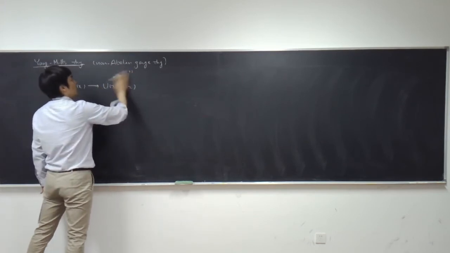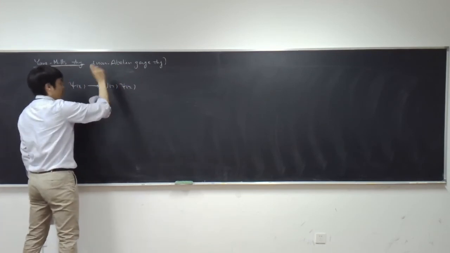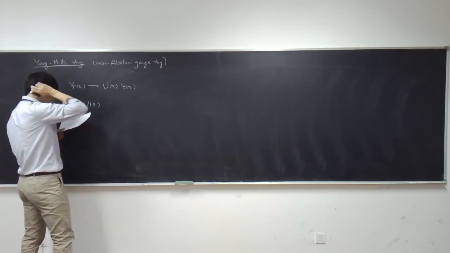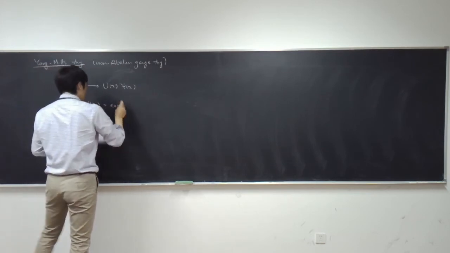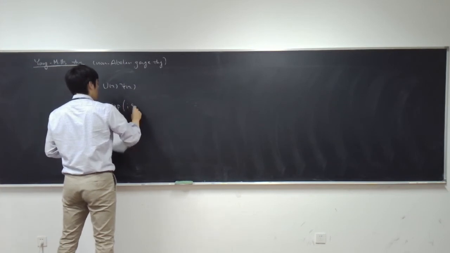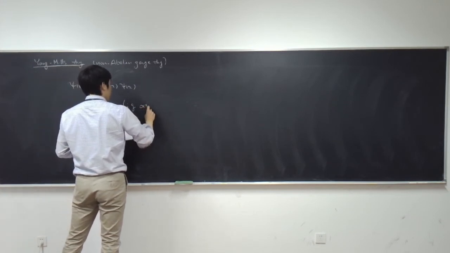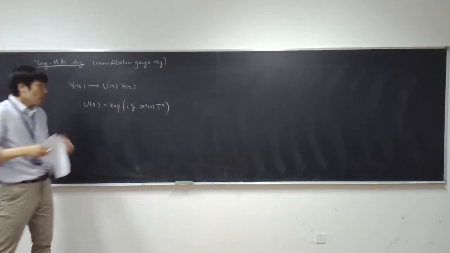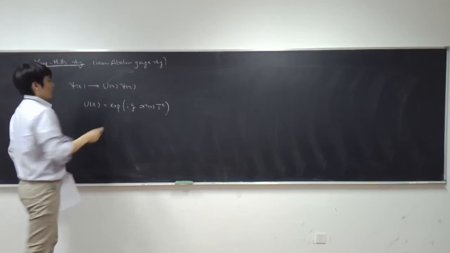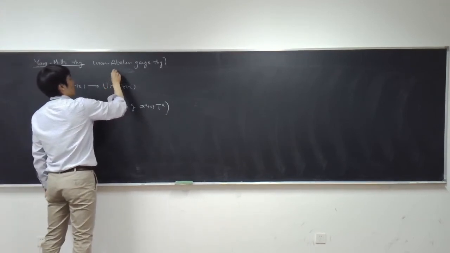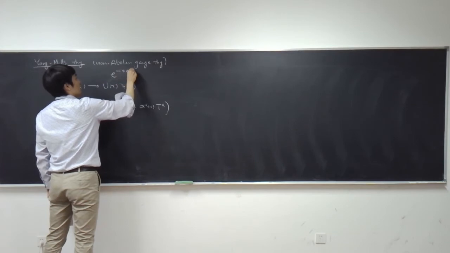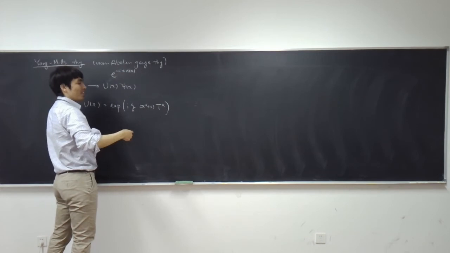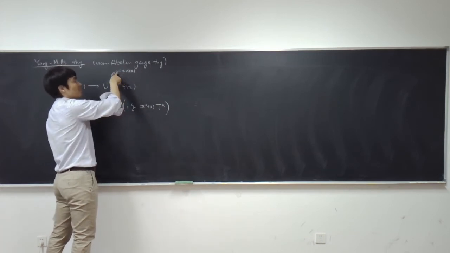But now U(x) takes values in the Lie group: exponential of i g sum of alpha^a(x) T^a. Last time we had minus i alpha(x), because the electron charge is negative.